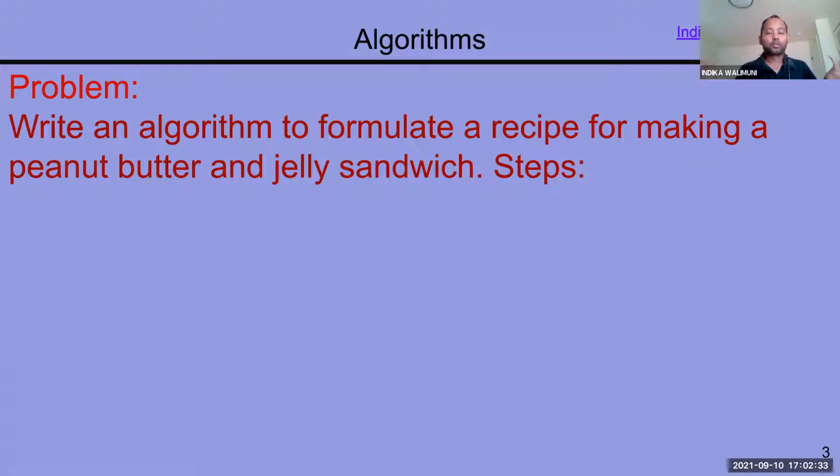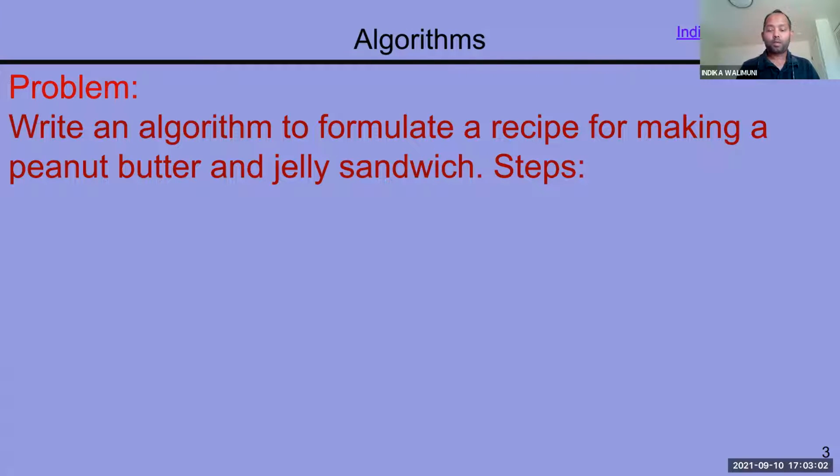All right. So let's write an algorithm. Okay. So at this point, you can stop watching and get a piece of paper and write your own algorithm to present a recipe on how to make a peanut butter and jelly sandwich, right? So one of America's best sandwiches. Okay, so let's write that algorithm.